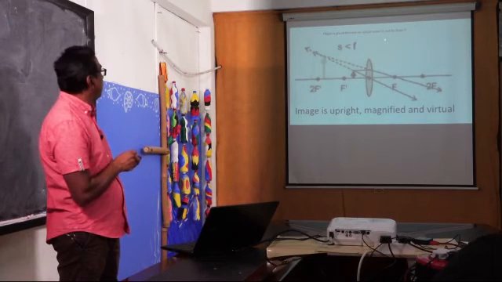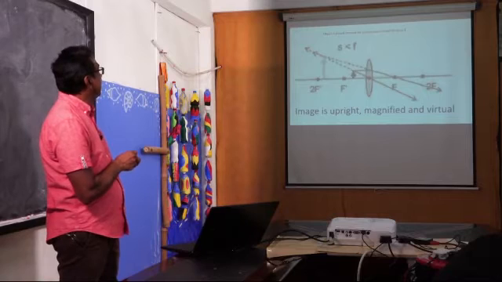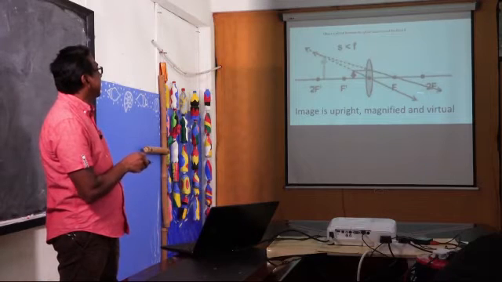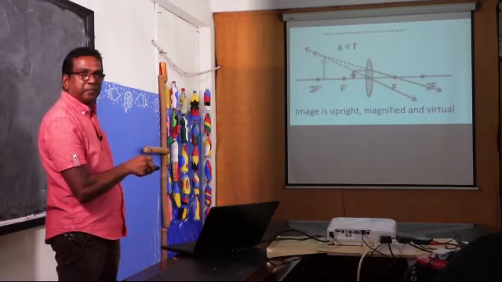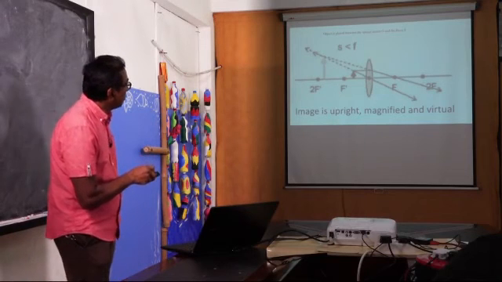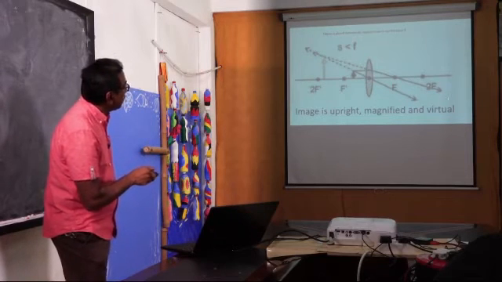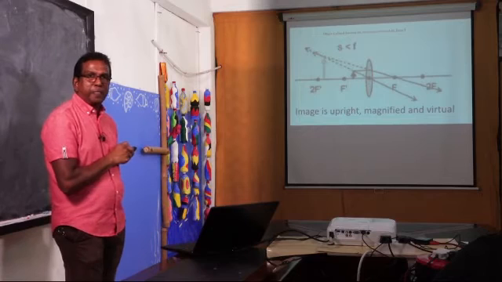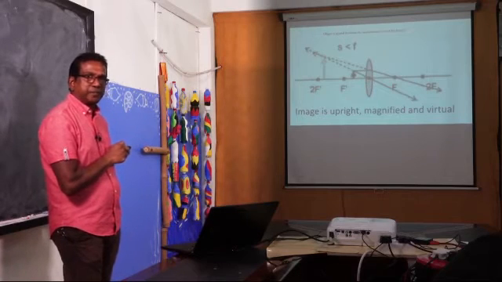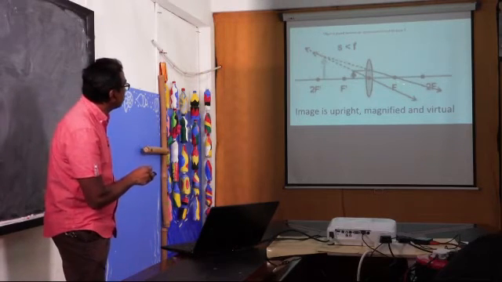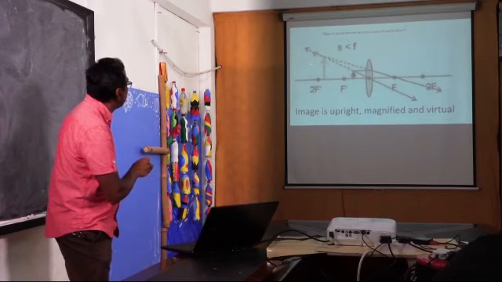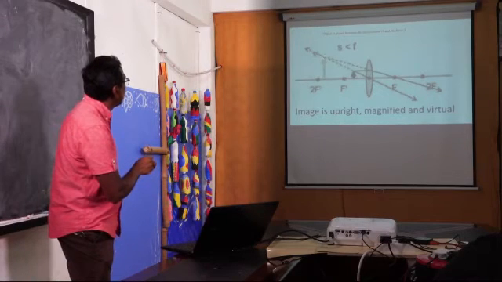And when you put your object less than F, you will see that these lines cannot meet. So, they will meet on the same side as the object is. You produce the lines, and this is where they meet.